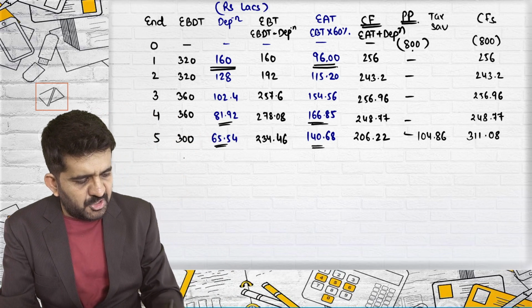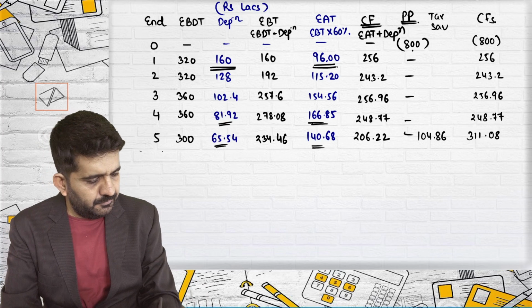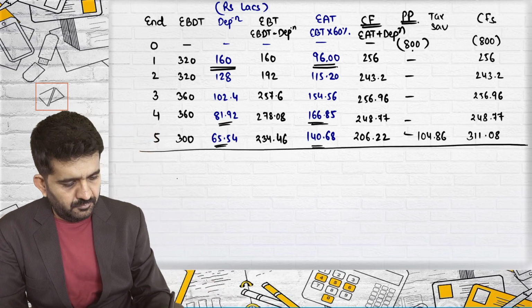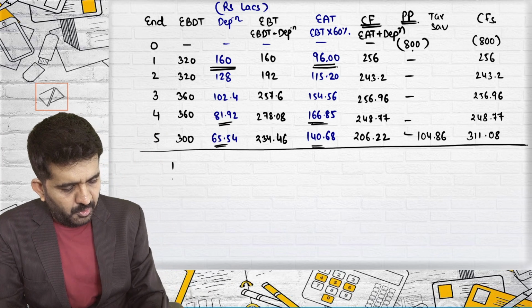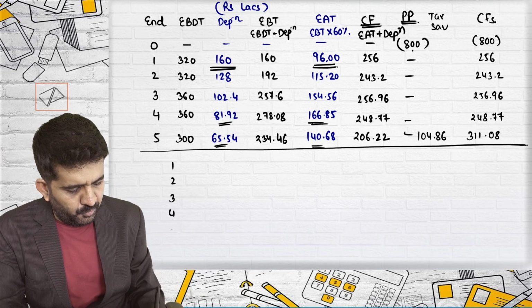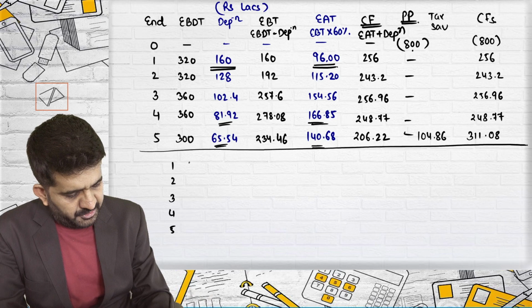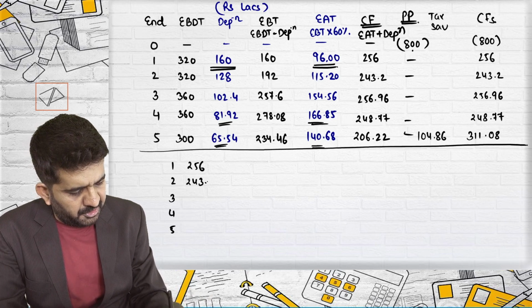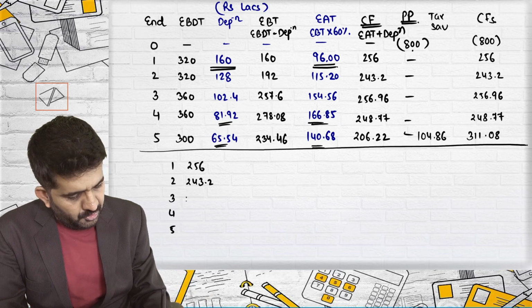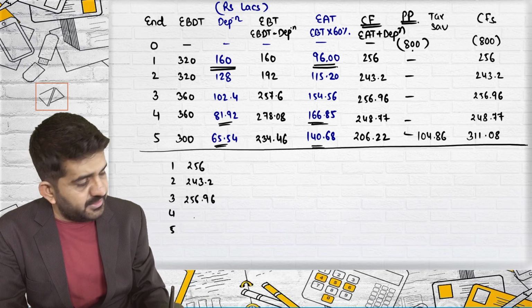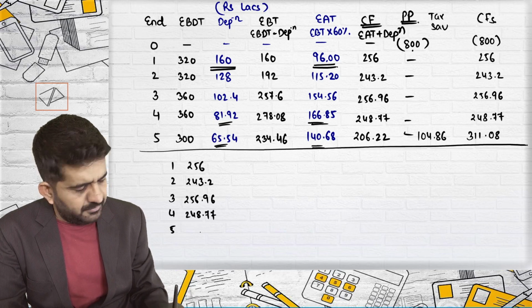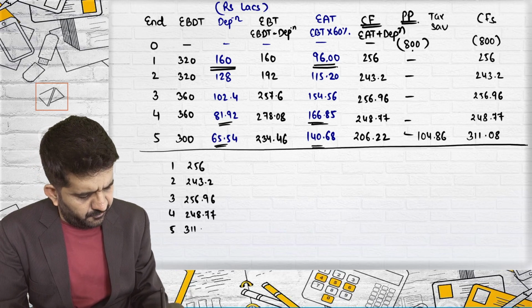So I am having cash flow for all the years. 1, 2, 3, 4, 5. Cash flow is 256. You don't have to write it down again. 243.2, 256.96, 248.77, 311.08.